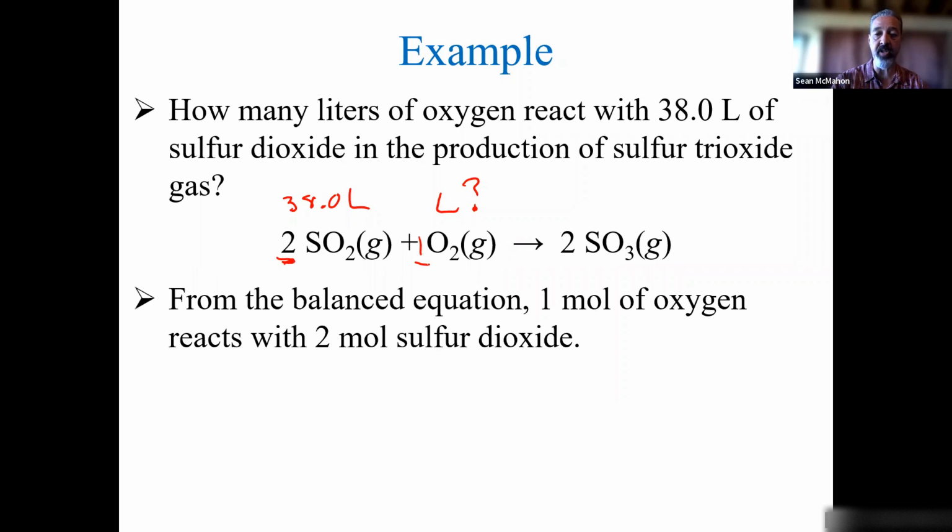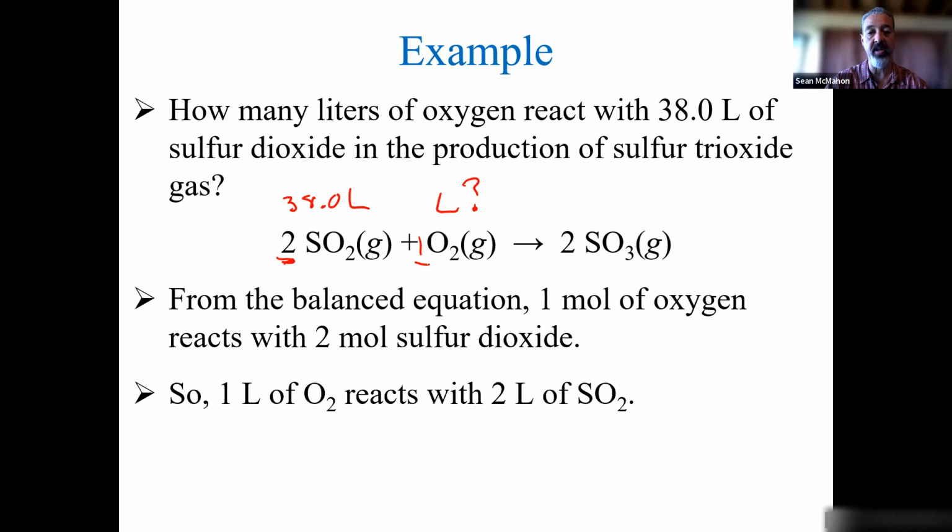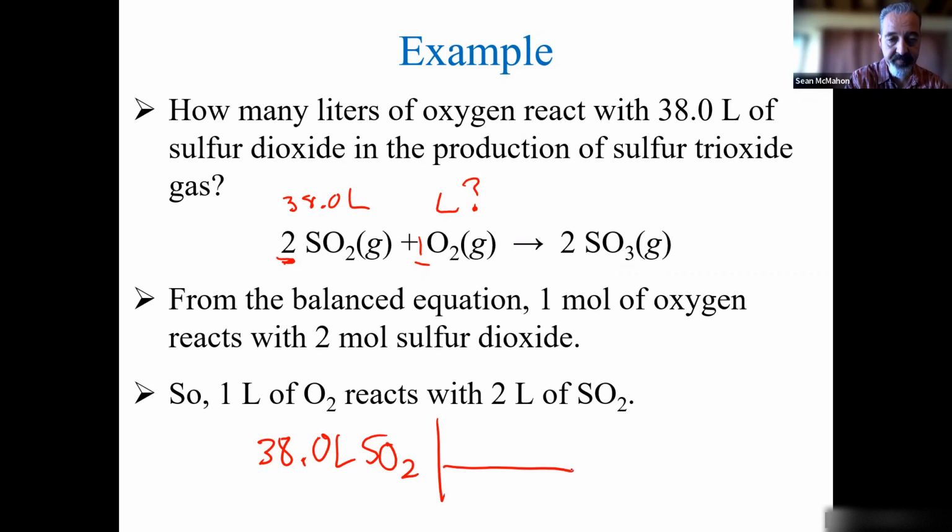So before we were using 2-to-1 mole ratios when we used stoichiometry. So it's the same thing here. Let me do this. If I have 38 liters of sulfur dioxide, there's 2 liters of sulfur dioxide per 1 liter of oxygen.